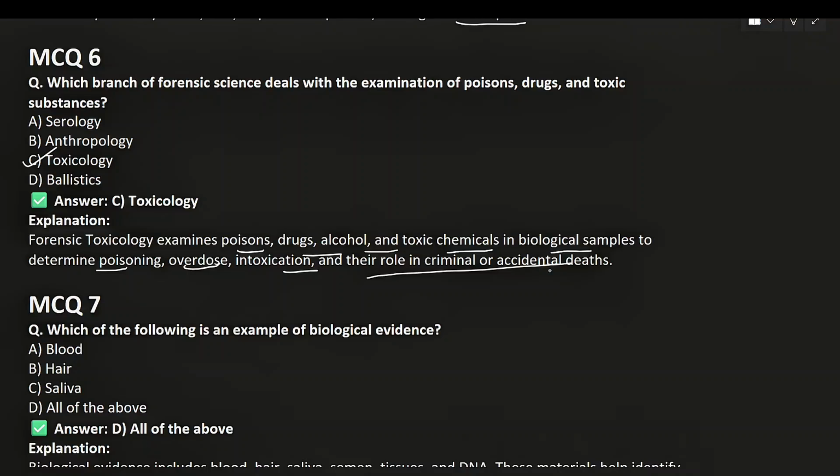Experts examine samples such as blood, urine, saliva, and tissues to determine whether poisoning, drug overdose, or alcohol intoxication contributed to the crime, accident, or death. Toxicology reports are often used as important scientific evidence in court.